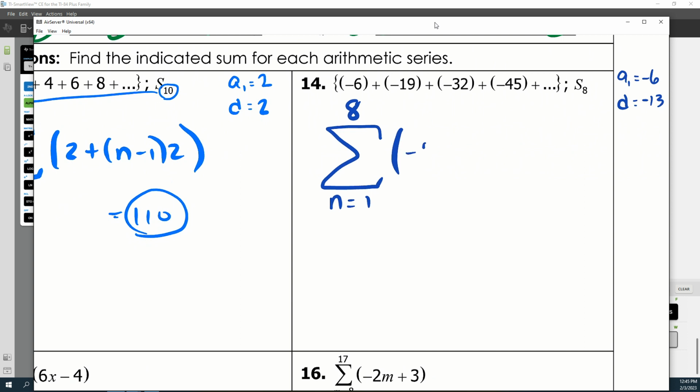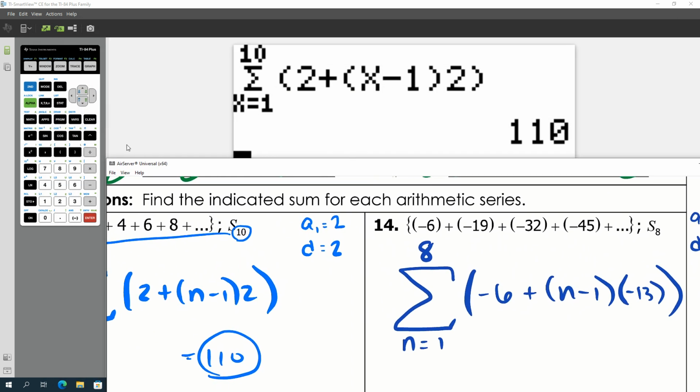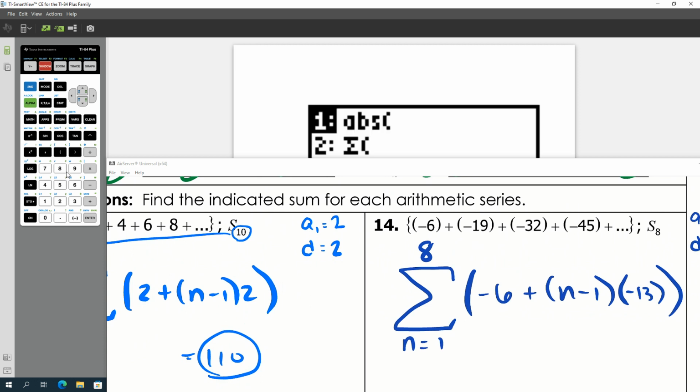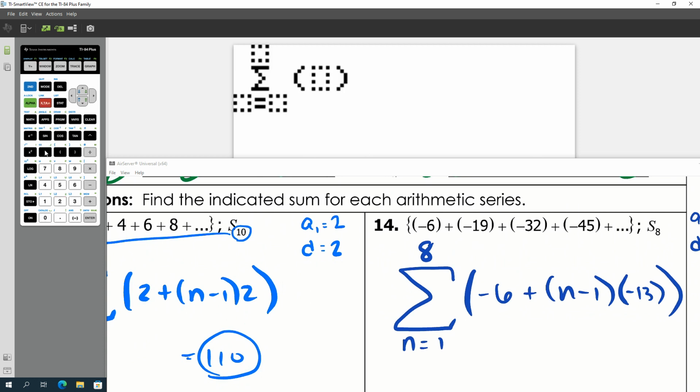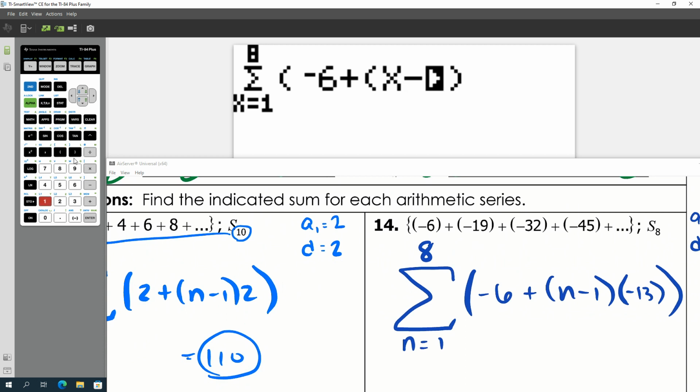And so we do our formula where it's the first term plus n minus 1 times the common difference. Okay, so that's negative 412.